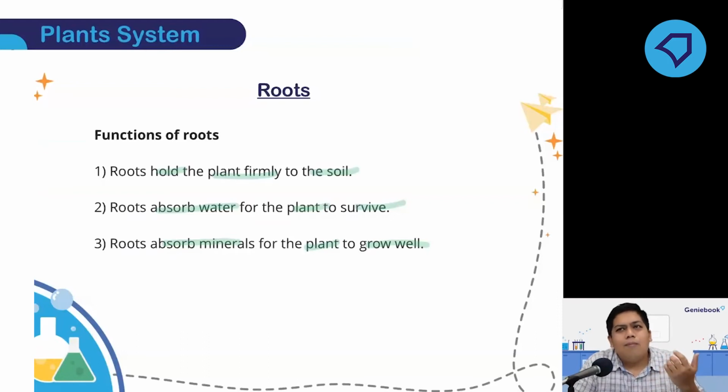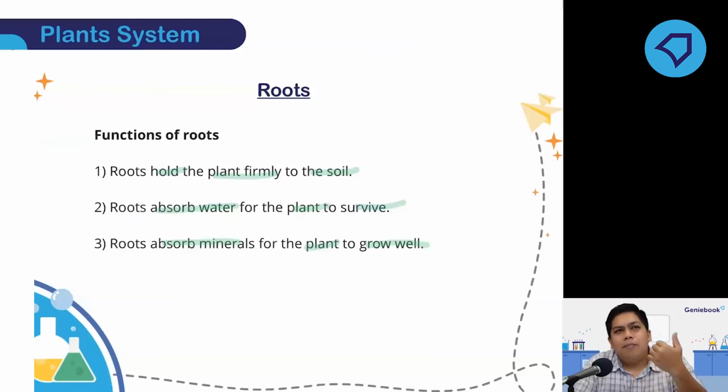Vitamin A, B, C, D, and so on are good for us, right? That's why we eat healthy food. Same goes for plants. For it to grow healthily, it needs minerals or mineral salts. Some of you asked, is it the same as mineral salts? Yes, minerals or mineral salts are the same thing. But you cannot say roots absorb salts for the plant to grow well. If you just say salts, that is incorrect.